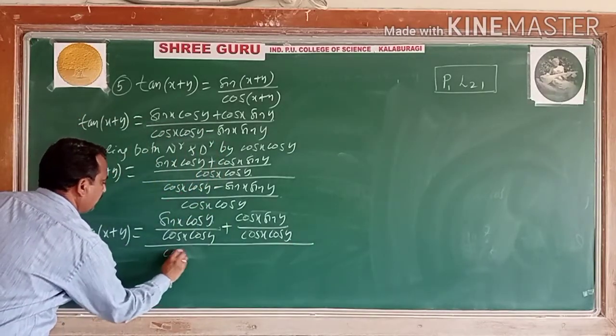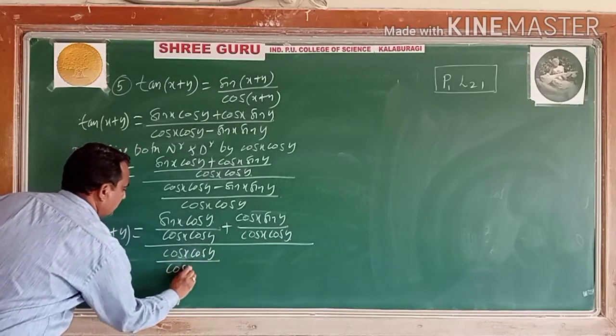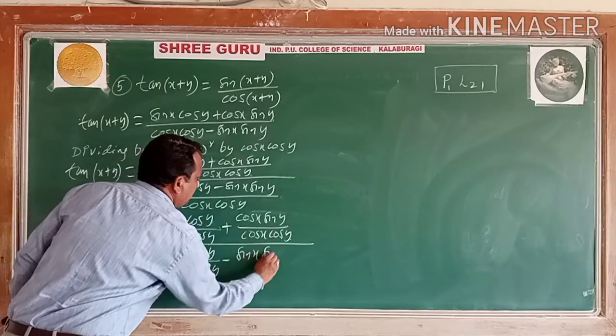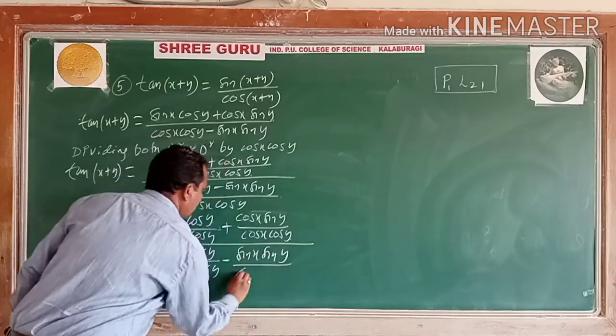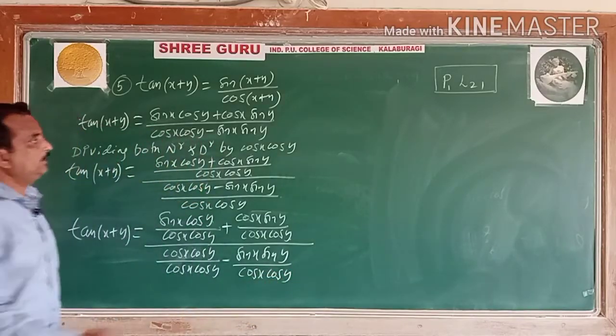In the denominator also, separately dividing: cos x cos y divided by cos x cos y minus sin x sin y divided by cos x cos y.